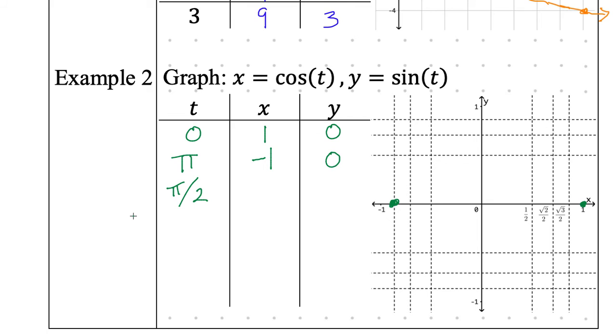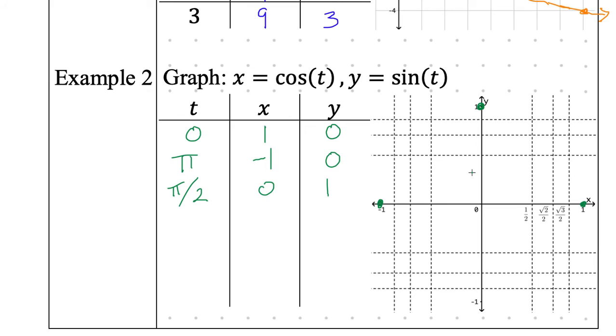Straight up. What is the x coordinate of pi over 2? What is the y coordinate of pi over 2? 1. Graph 0, 1. Wait, I graphed that last one wrong, didn't I? That one should have been at... Oh, I did it again, right here. Okay, now I have them correct.